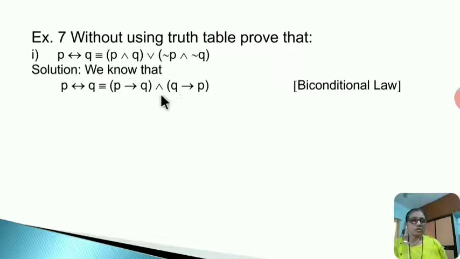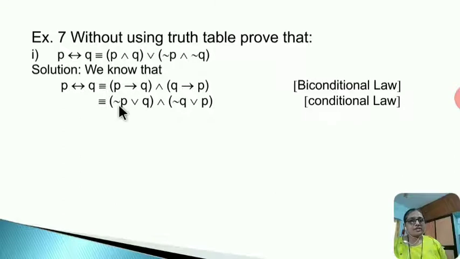Now here P implies Q can be written as negation P or Q, and Q implies P can be written as negation Q or P. We use conditional law here. Now the statement becomes negation P or Q and negation Q or P.